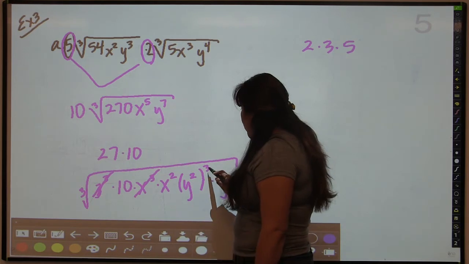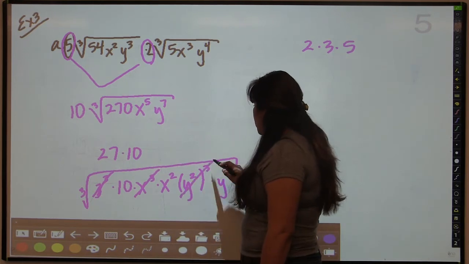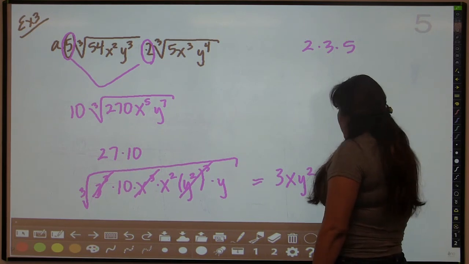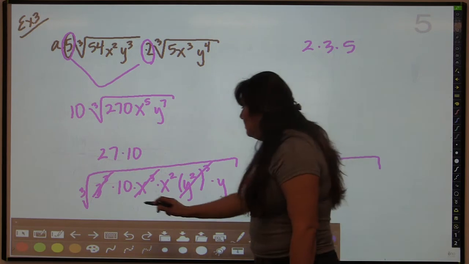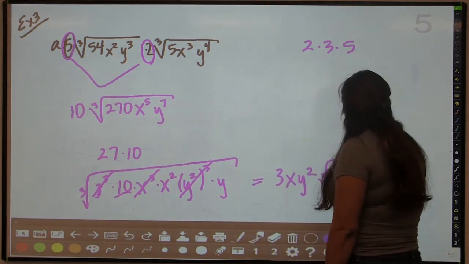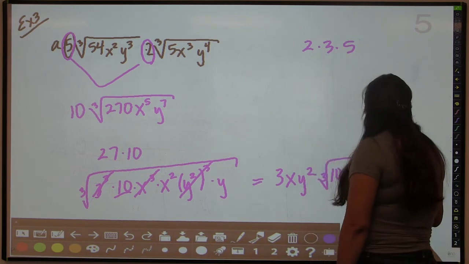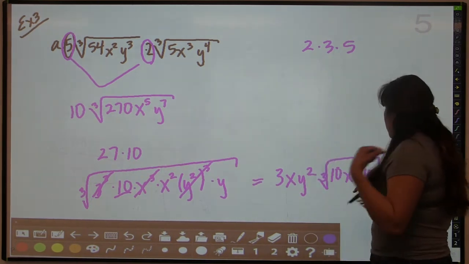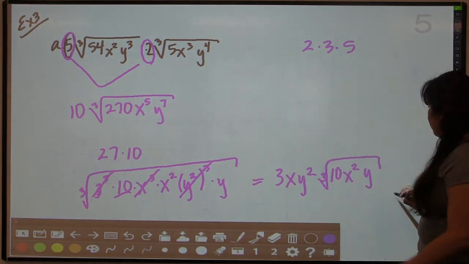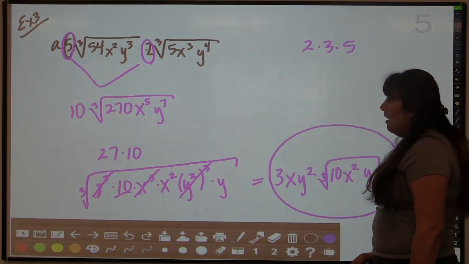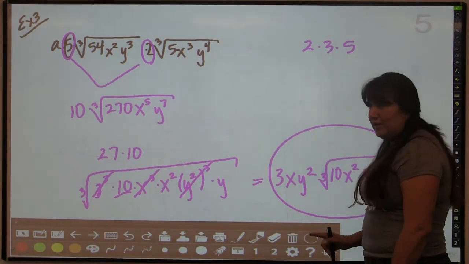This y squared to the 3rd power will cancel and just become y squared. And then everything else gets stuck in the little house. The 10 is stuck, the x squared is stuck, and the y is stuck because they don't have the same exponent as the index. And this would be your final answer. Oh, bad me, that's not the final answer.